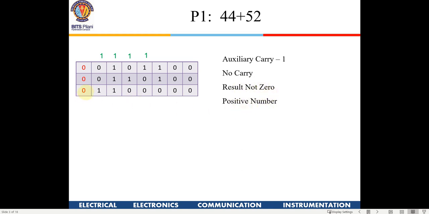It's a positive number, since the first bit, the sign bit, is still 0. There is no 2's complement overflow. 2's complement overflow occurs when the XOR of these two carries is 1, as we learnt. Parity is even, meaning there are an even number of ones, here two.